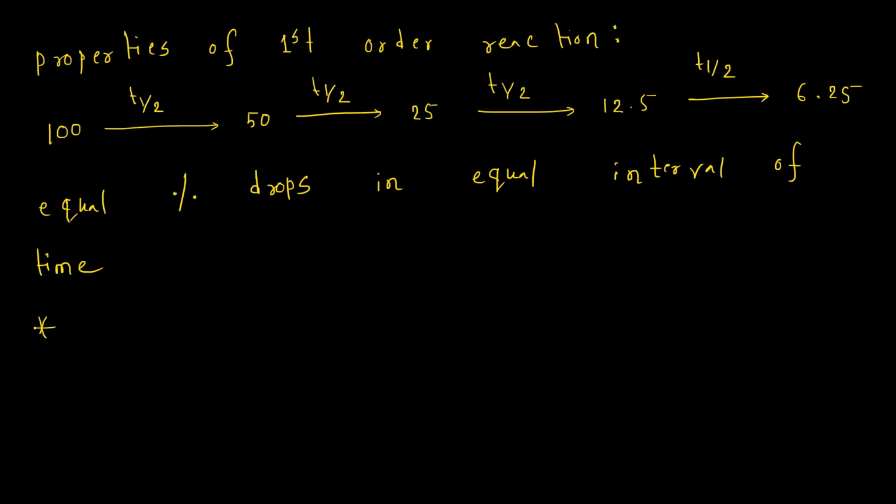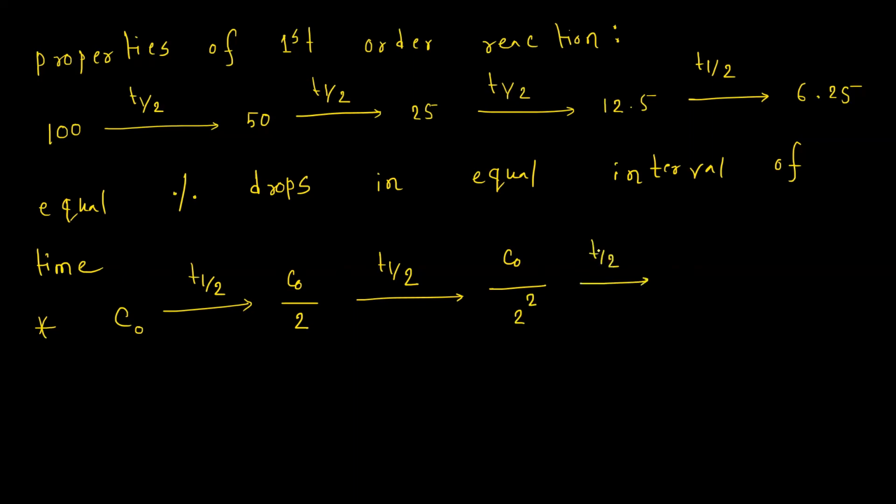Let's take the initial concentration is C naught. After first T half, the concentration will be C naught upon 2. For next T half, the concentration will be C naught upon 4. So we can write C naught upon 2 square.